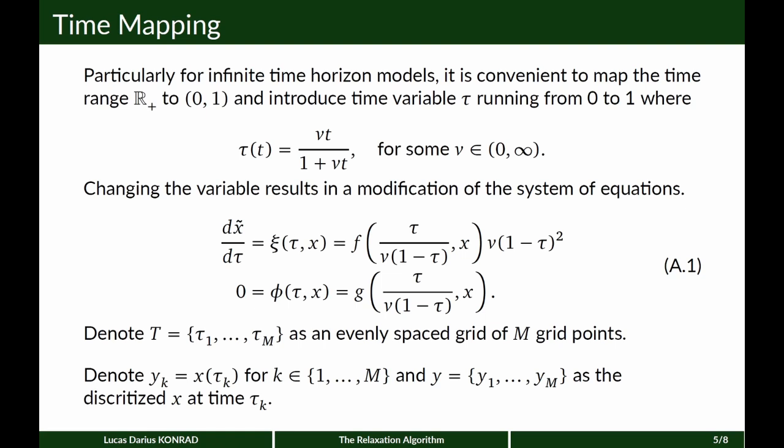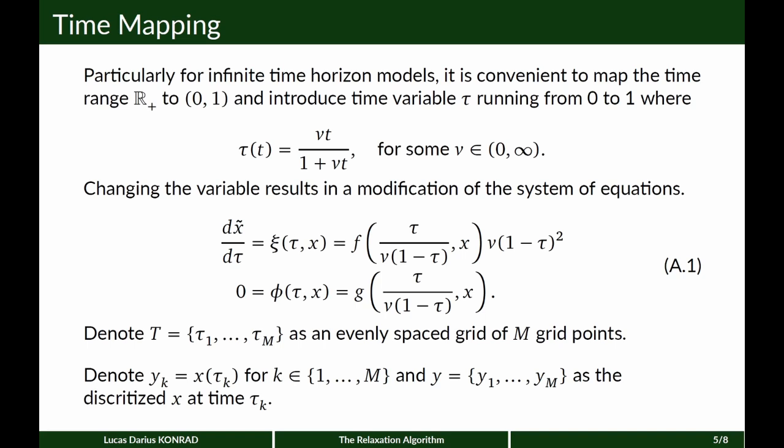So whichever t we plug in here, let it be years or seconds, we get an associated tau to it, which is between 0 and 1. And if time goes to infinity, in the limit, tau will go to 1.